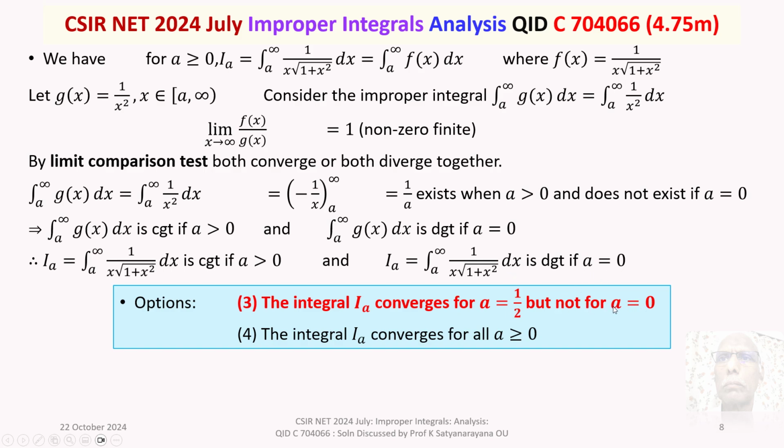Thus, option 3 is true, and option 4 is not true because it includes a is equal to 0. When a is 0, I of a is divergent. Therefore, option 4 is not true. So thus, option 3 is true. The answer to this question is option 1 and 3.